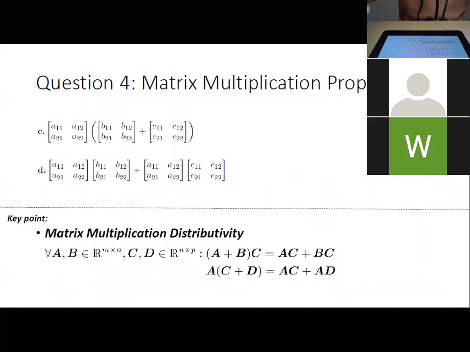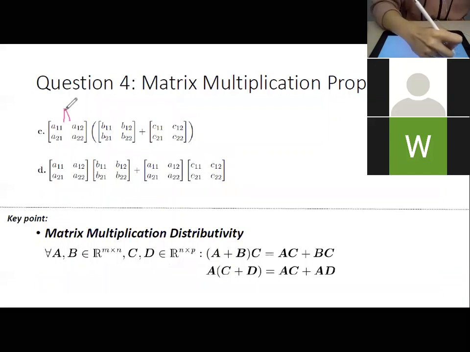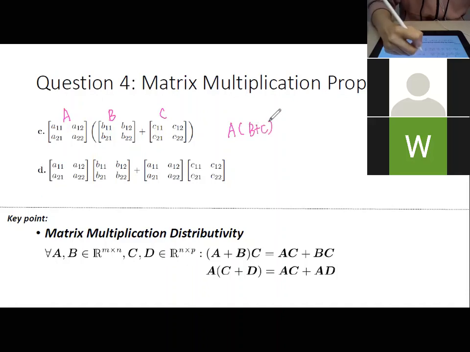Now we are going to see another property. You can see that on this page, we focus on question C and question D. Again, we denote the matrices as A, B, and C. Question C says we want to calculate B plus C first, then do the matrix multiplication.